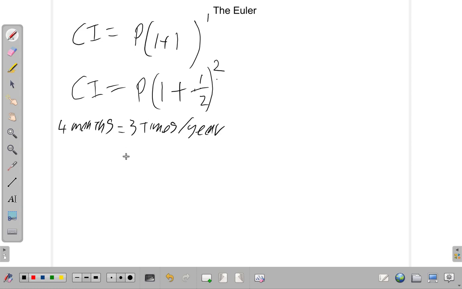Now, the compound interest that you'll get at the end of the year will be the principal times 1 plus, because remember the principal must be multiplied by 1, you get back the same money you invested, and then the interest will be out here. So this 1 plus, the rate is 1 out of 1, it's 100%. But 3 times per year, every 4 months is 3 times per year.